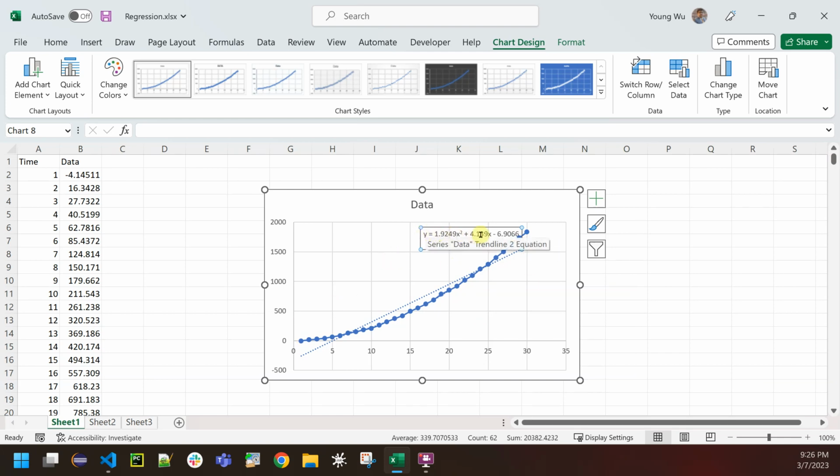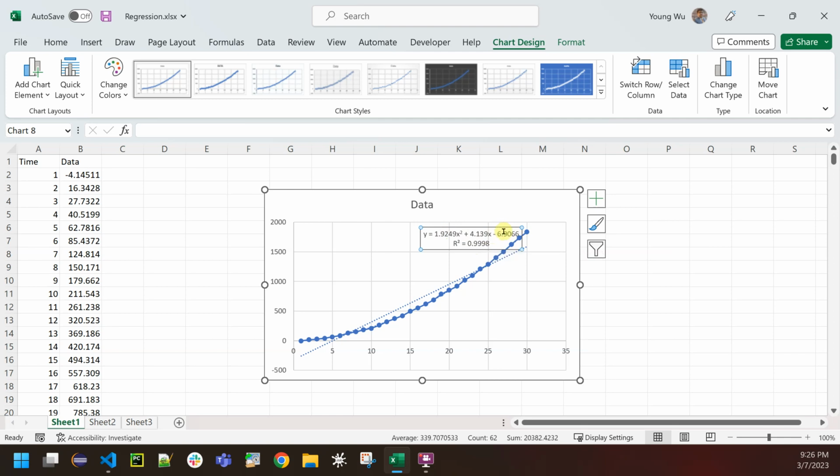And this quadratic trend is kind of harder to interpret. It's like the value of your variable increases by 2 times the square of the time, and an additional 4 per week.